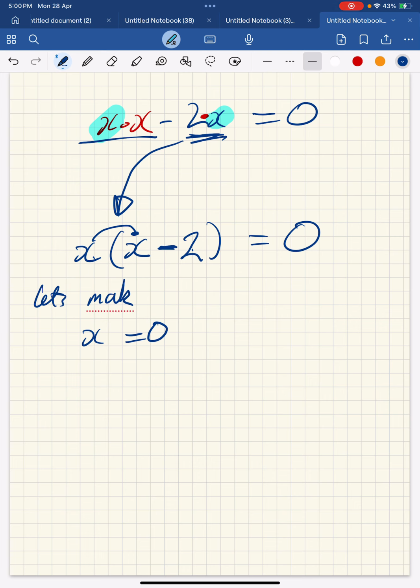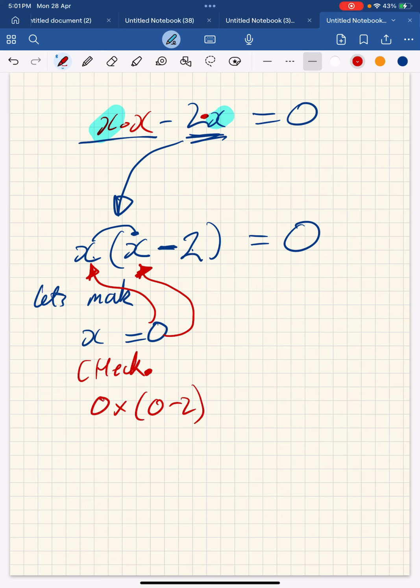What would happen if we made x equal to 0? Let's check. If we make this part equal to 0, then we also have to put a 0 here. Let's test out. 0 times 0 minus 2 equals 0 times negative 2, and 0 times anything is 0. Of course, this is a solution.